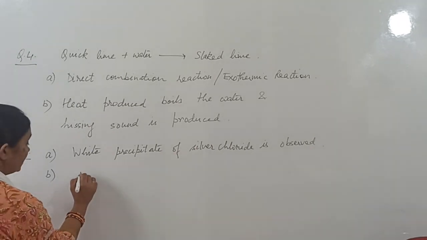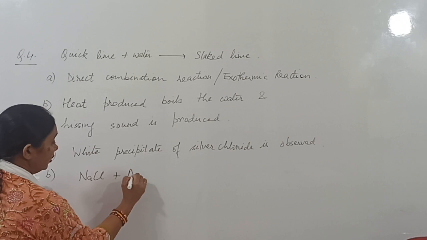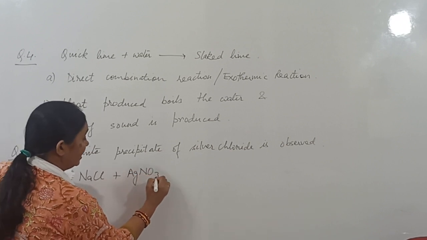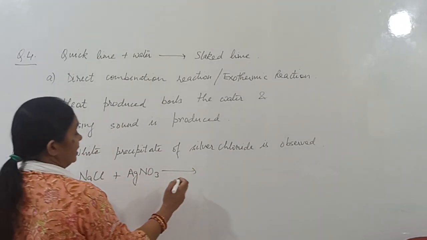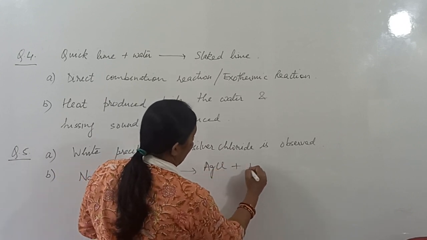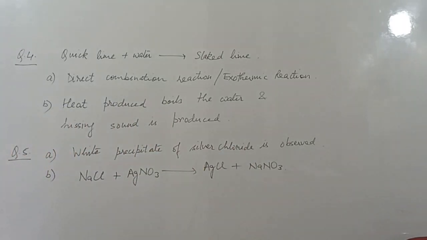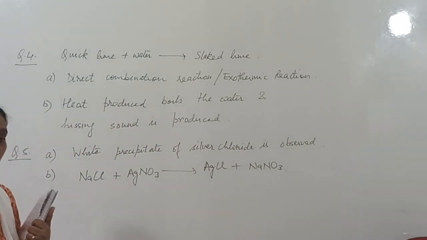So you have NaCl solution plus silver nitrate solution. You can write like this: NaCl plus AgNO3 will give you AgCl plus NaNO3. So this is question number 4 and 5 of your question paper.